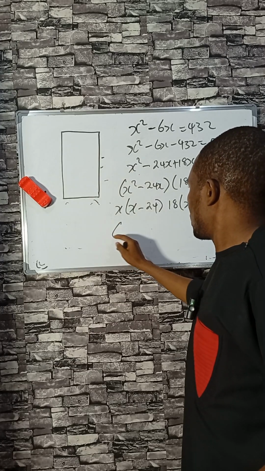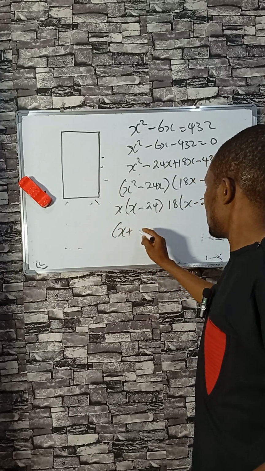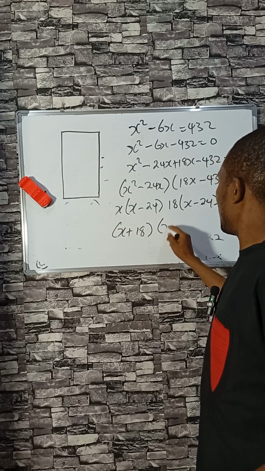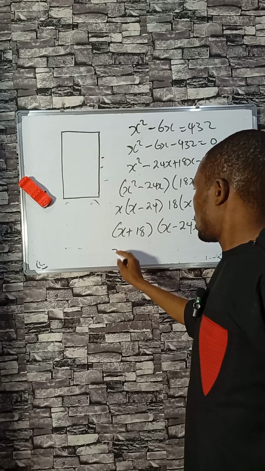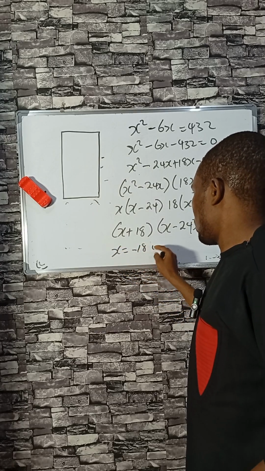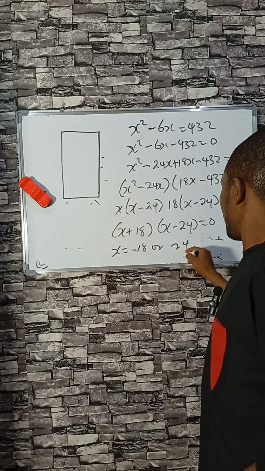That means x plus 18 or x minus 24 equals 0, meaning that x is equal to minus 18 or 24.